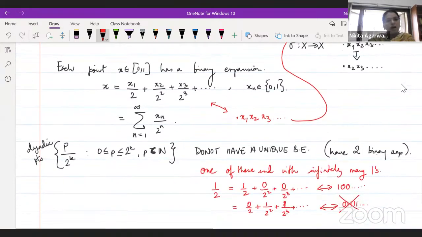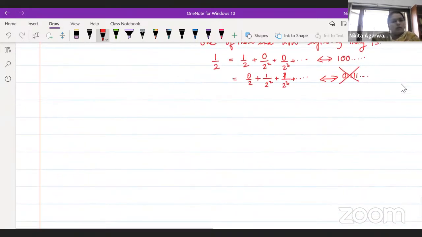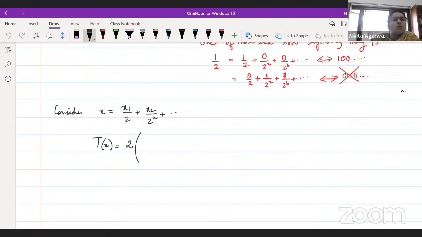So now consider x equal to x1 by 2 plus x2 by 2 square and so on. And let us apply this map T of x. What does T of x do? It does 2x mod 1.